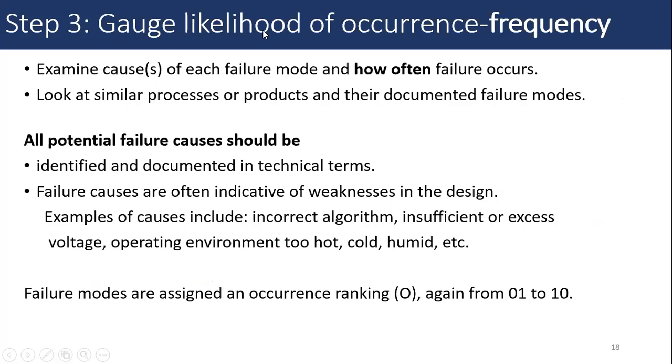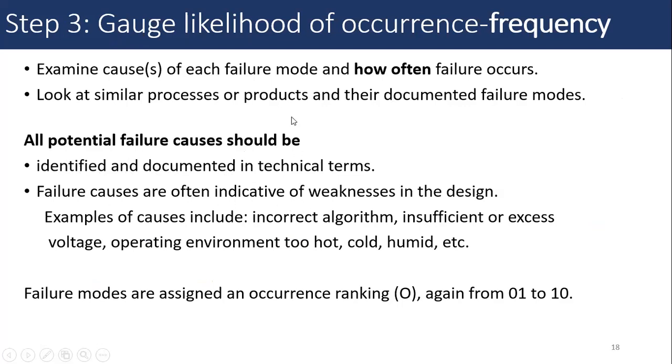As we discussed, gauge the likelihood of occurrence, or frequency. Examine the cause of each failure mode and how often the failure occurs. Then we can use our reports. All potential failure causes should be identified and documented in technical terms, right? Failure causes are often indicative of weaknesses in the design.